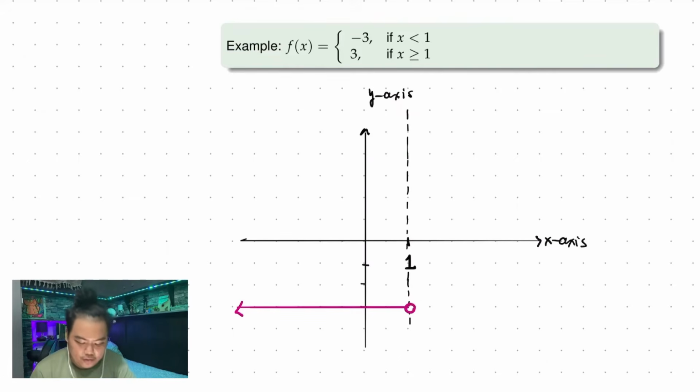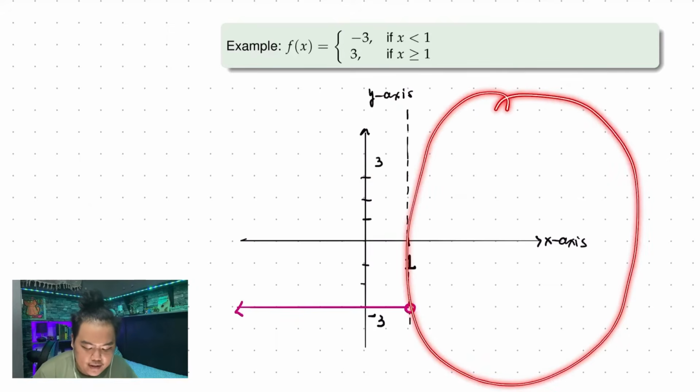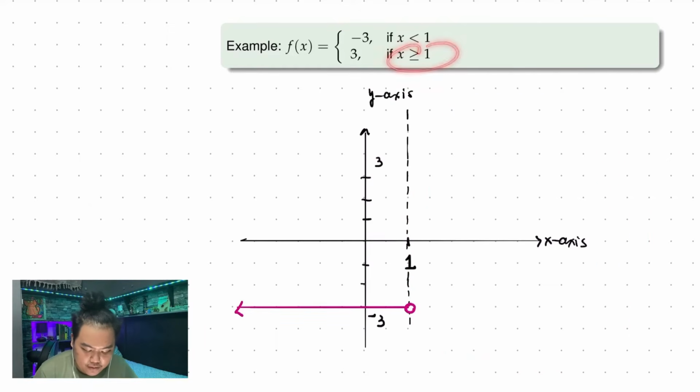So, meron kang hole. And next, when x is greater than equal to 1, you sketch y equal to 3. So, labelan ko lang ha. 1, 2, 3. So, horizontal line. Pero, dito sa portion mo lang siya igagraph. Kasi x mo is greater than equal to 1.